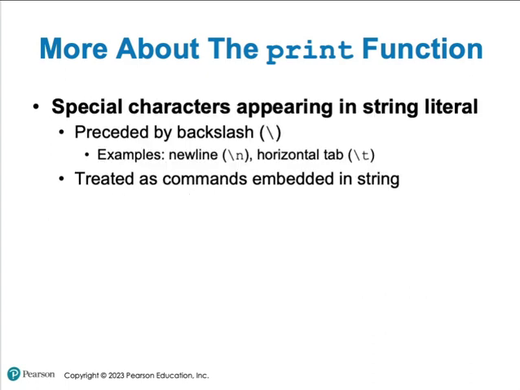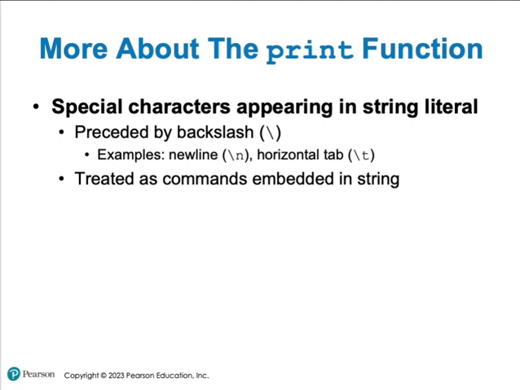So the other thing that we might need to do is use special characters like a tab, or actually specify one or more new lines. And we can do that using string literals that start with a backslash. So \n is the new line character. \t means put a tab in there.